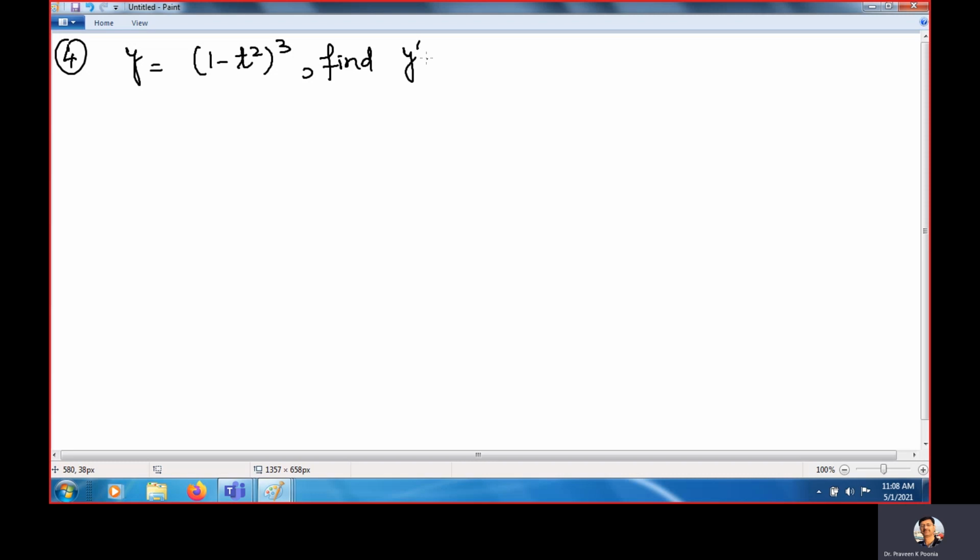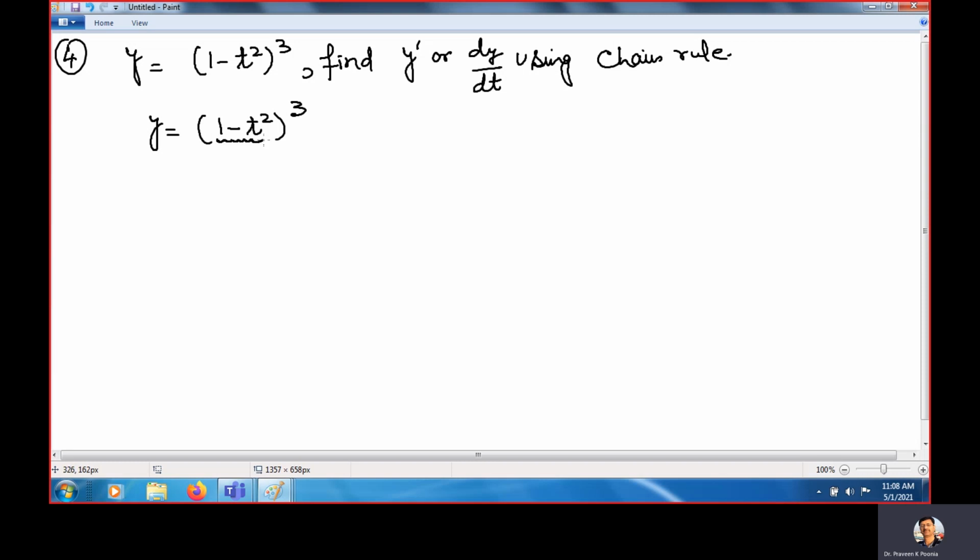It is given in terms of t. Clear? Because t is given here, using chain rule. Clear? Chain rule means we need two functions.